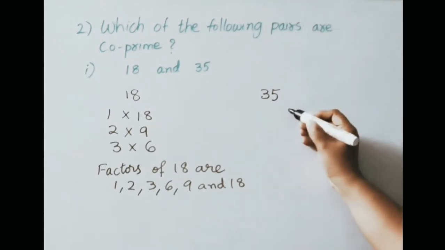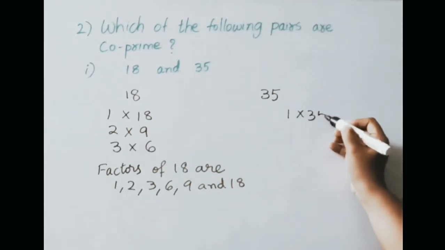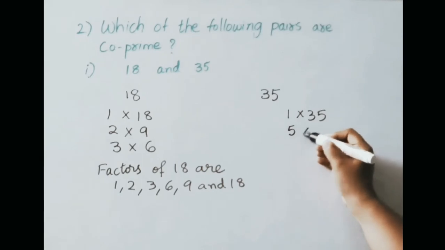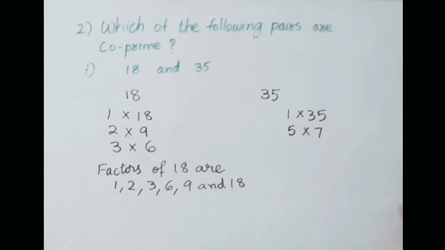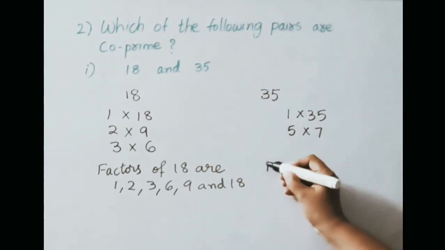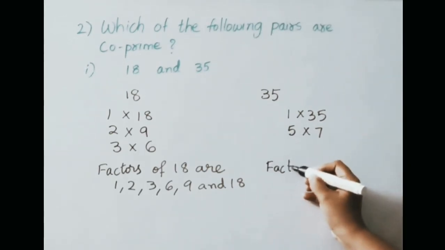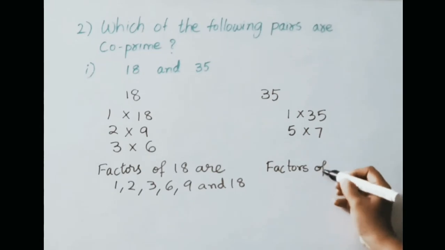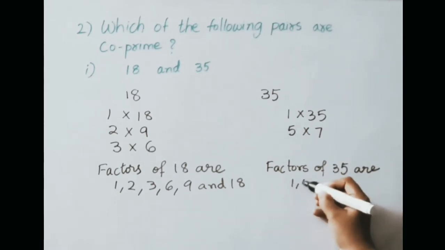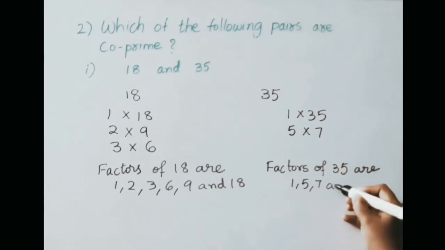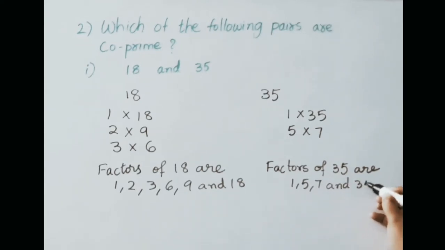Let us write factors for 35. 1 into 35, 5 into 7. Reverse order, 7 5s are 35, 35 1s are 35. Now factors of 35 are 1, 5, 7 and 35. Now let us see whether any common factors are present.